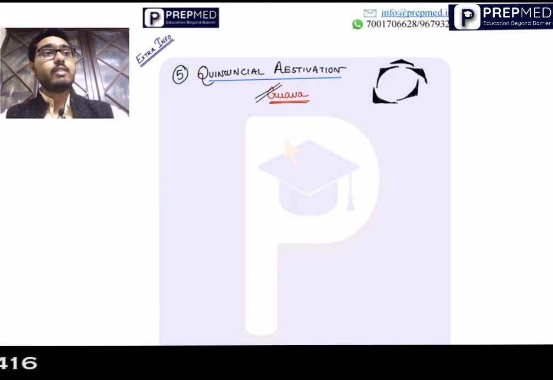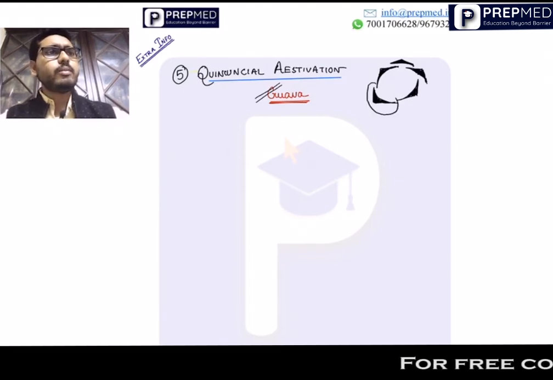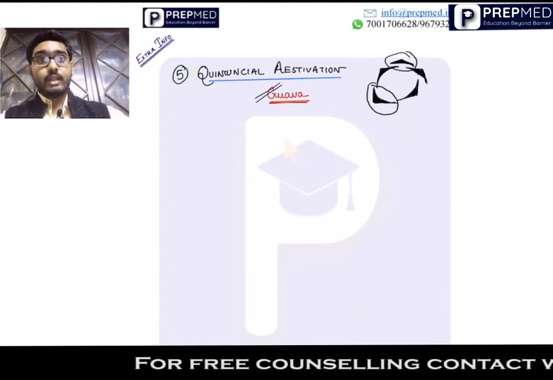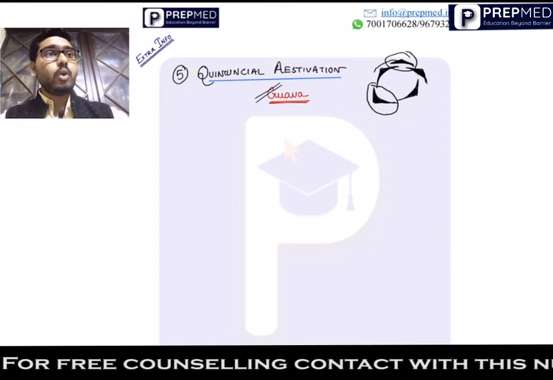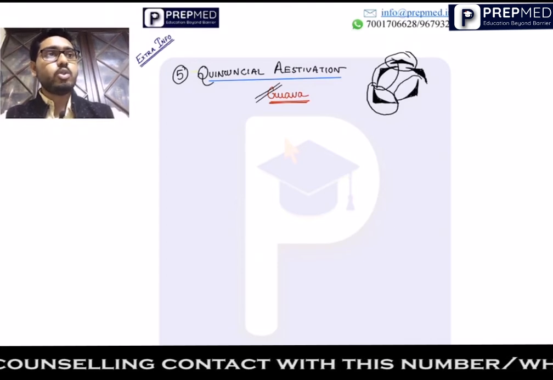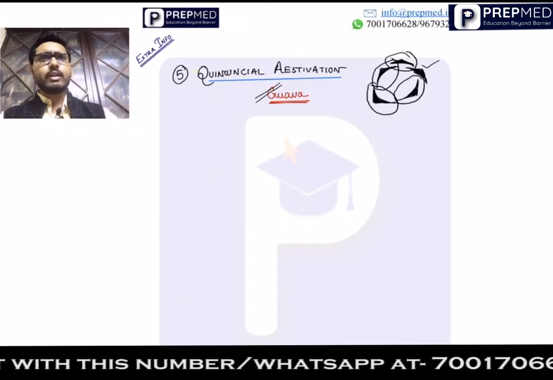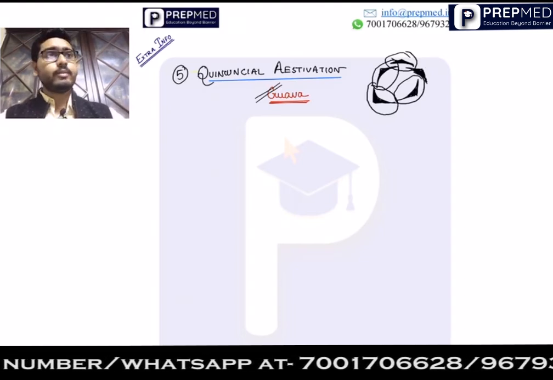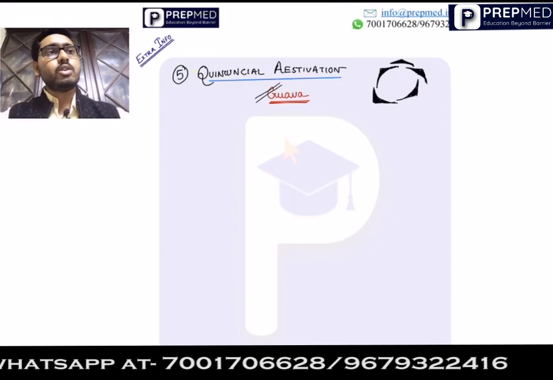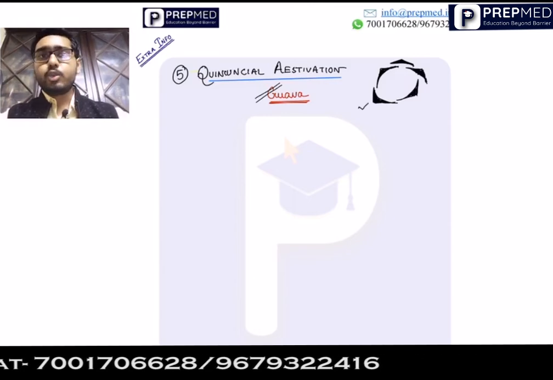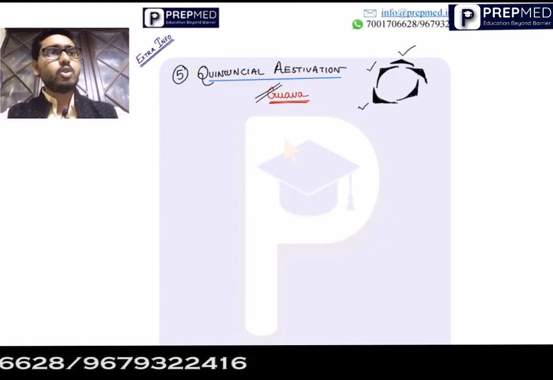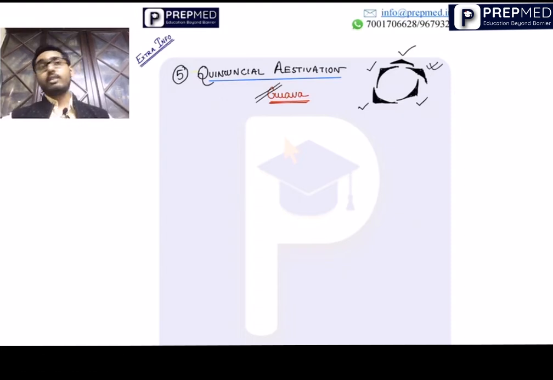If you carefully notice the pattern, two units are entirely out, two units are entirely in, and one is in and out. I'm removing the markings so that you can clearly see them. So that's it.